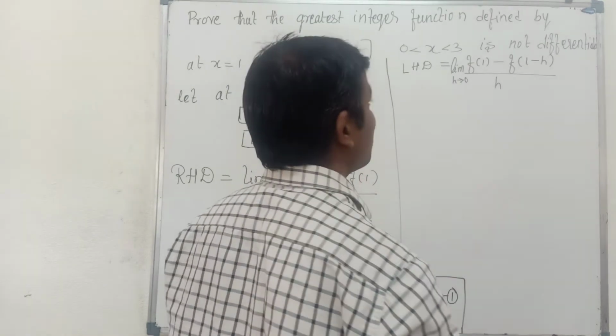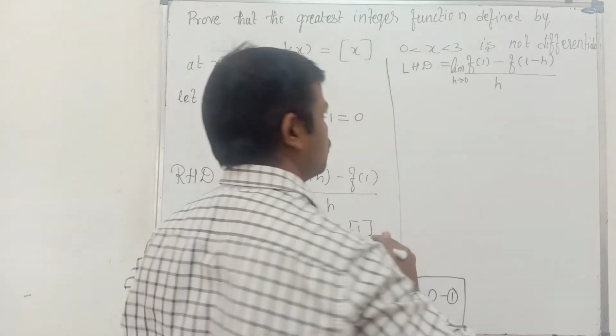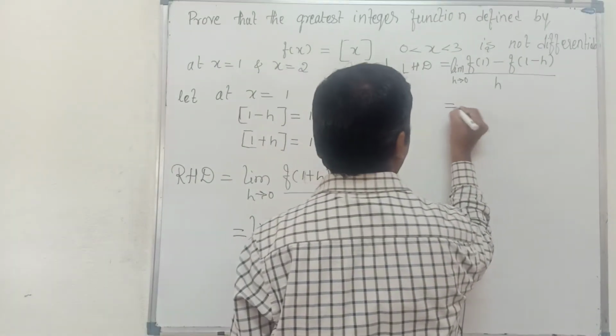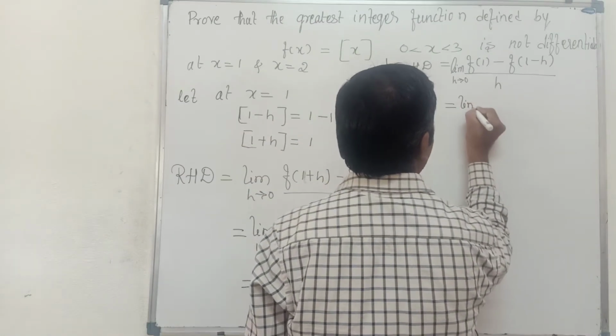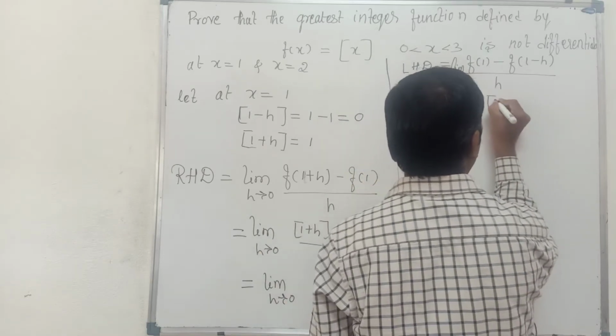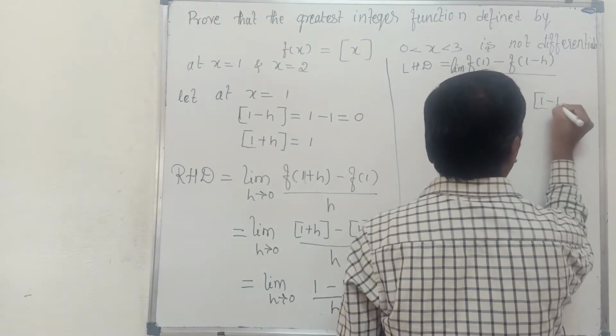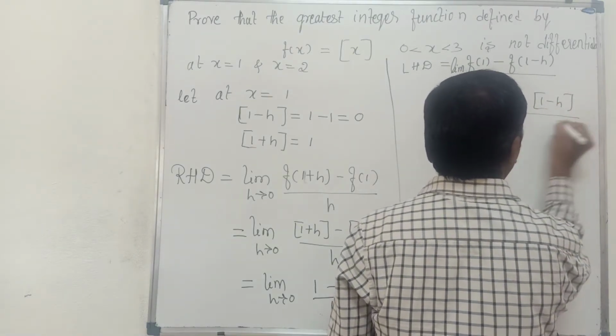This is the left hand derivative. How do we write the left side? The limit as h tends to 0 of f of 1, that is the greatest integer of 1, minus the greatest integer of 1 minus h, divided by h.